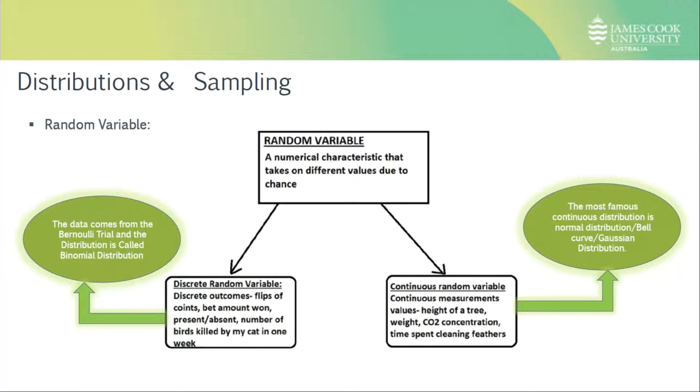A discrete random variable is like flipping a coin. Suppose you flip a coin, or you count some amount of wins, or somebody is present or absent. This kind of characteristic of the data we can call a discrete random variable, because it is not continuous, it is discrete.